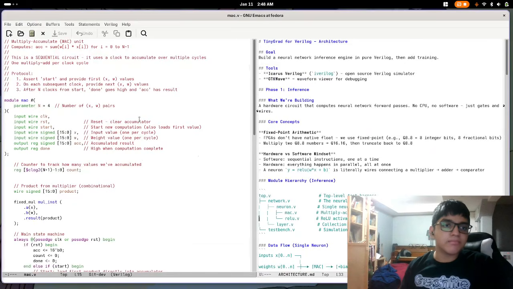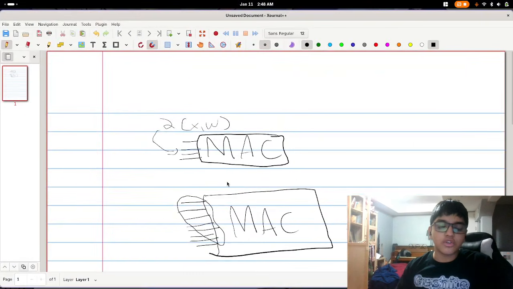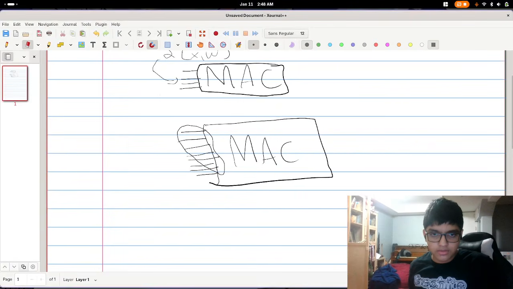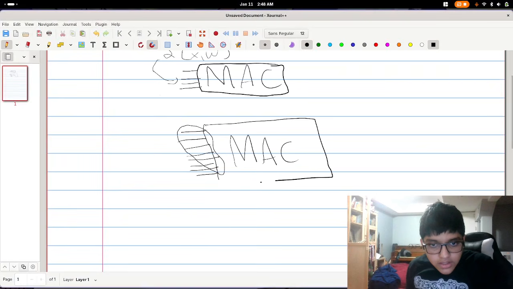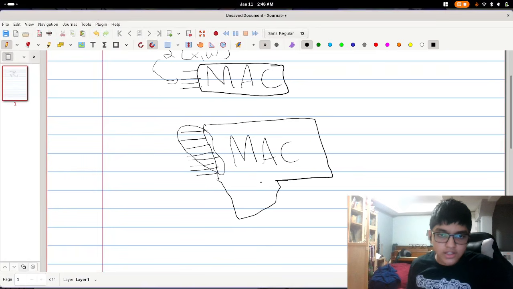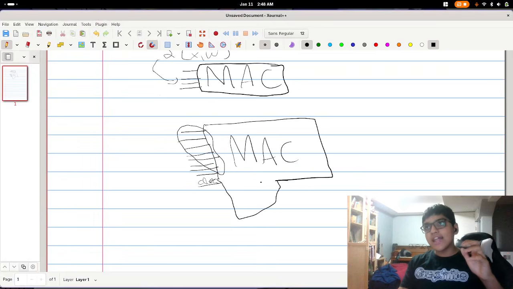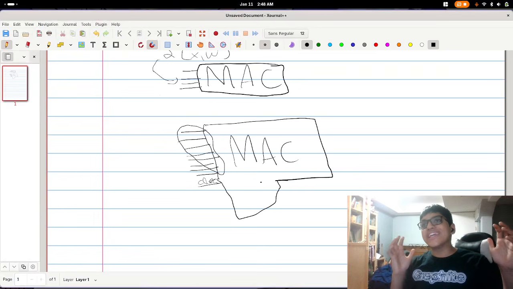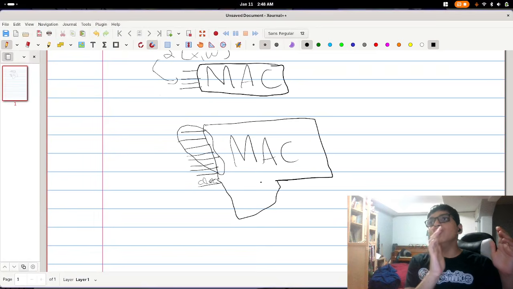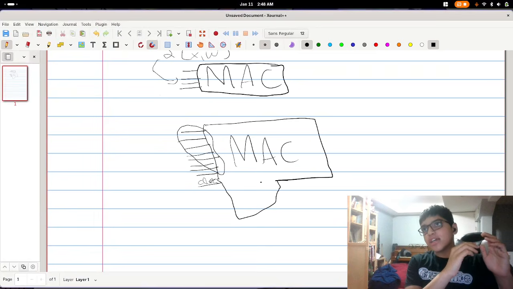Then we have some more input wires. Just pretend that's symmetrical. We have the clock wire. Every time we get fed in a new pair of inputs, they also increment the clock by one.